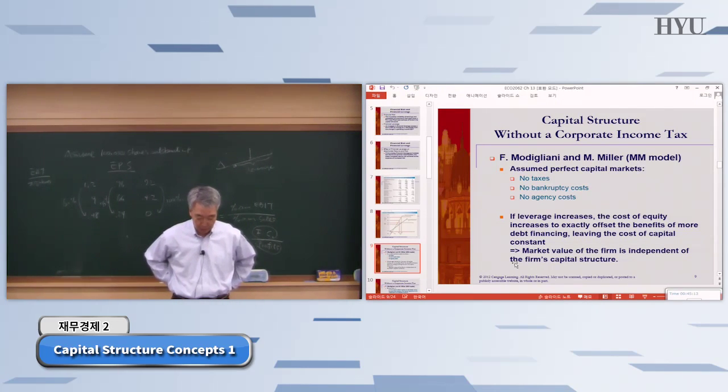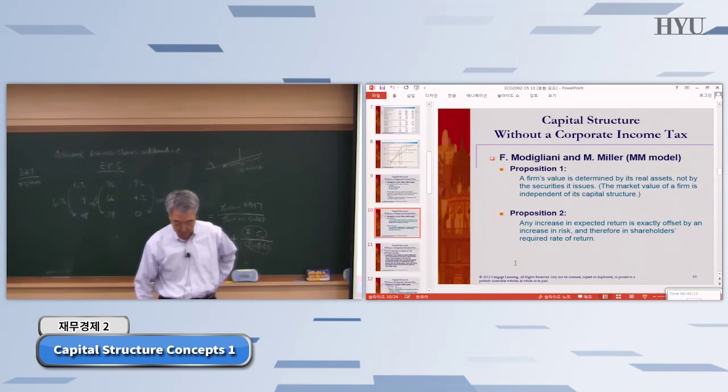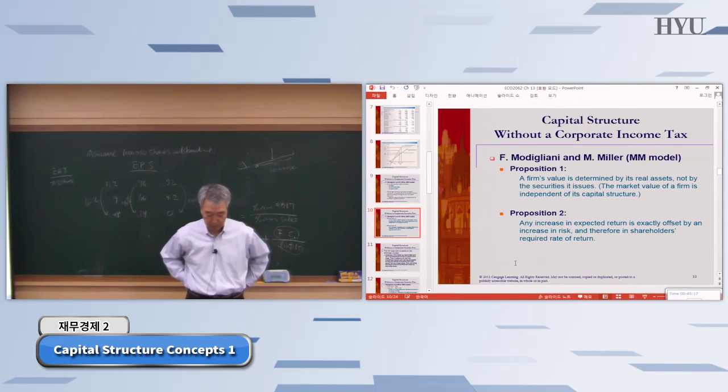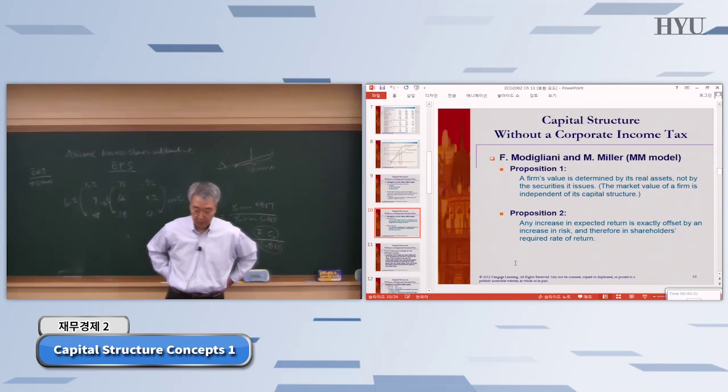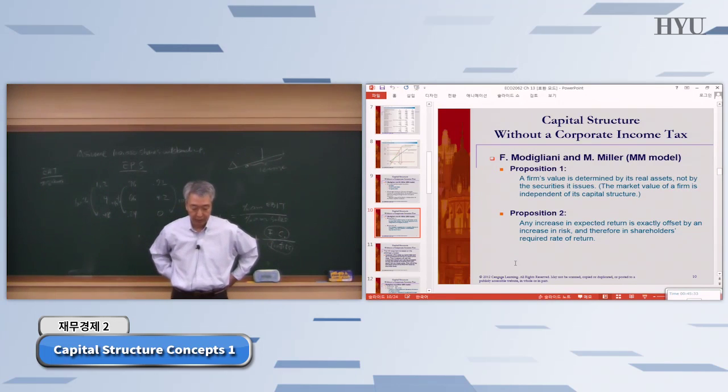Their conclusion is pretty simple. They have two propositions. Proposition 1 is that a firm's value is determined by its real assets, not by the securities it issues. In other words, the market value of a firm is independent of its capital structure.